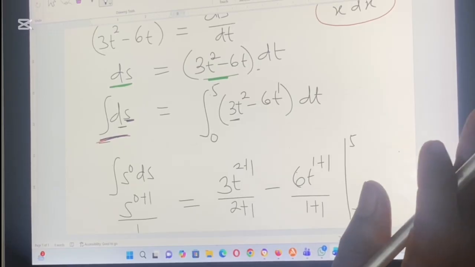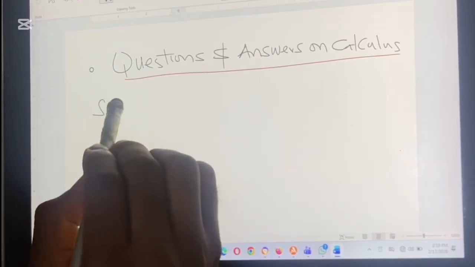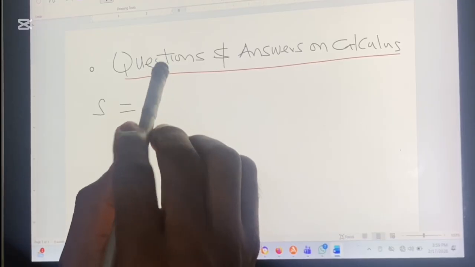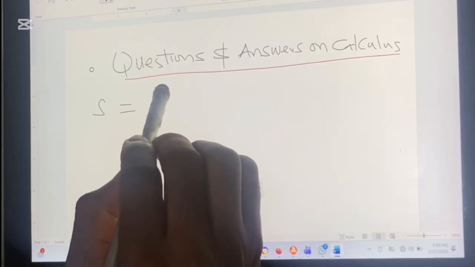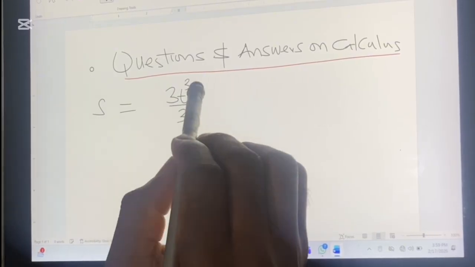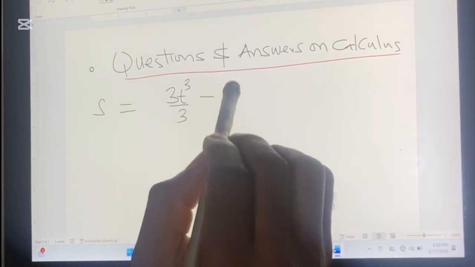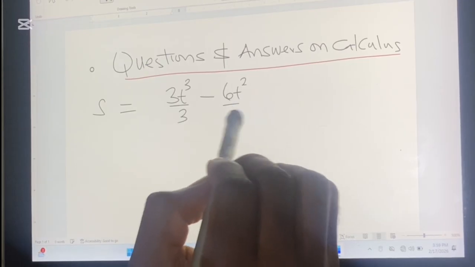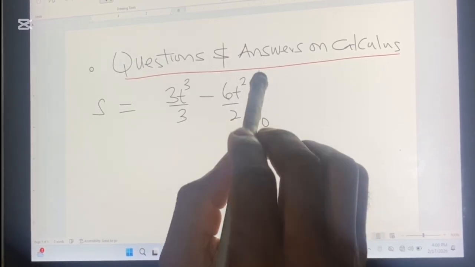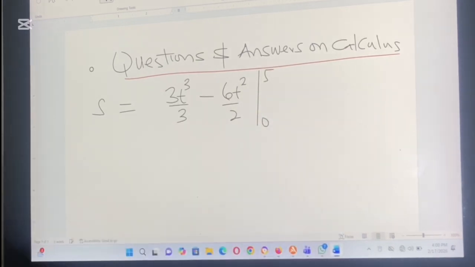When you do that, we have s is equal to 3t raised to the power of 3 divided by 3 minus 6t raised to the power of 2 divided by 2, in the boundary of 0 as lower boundary, 5 as upper boundary.